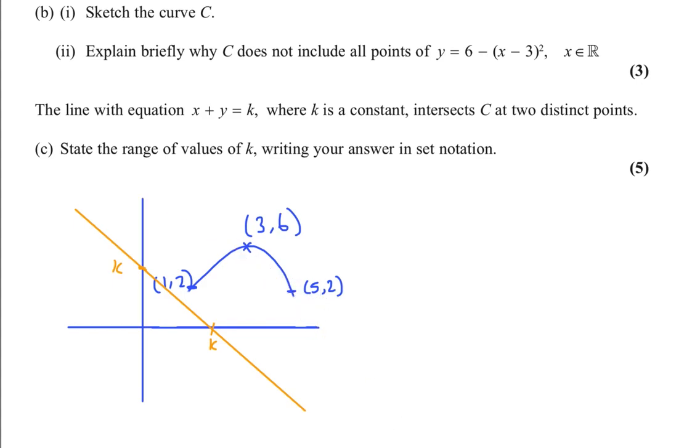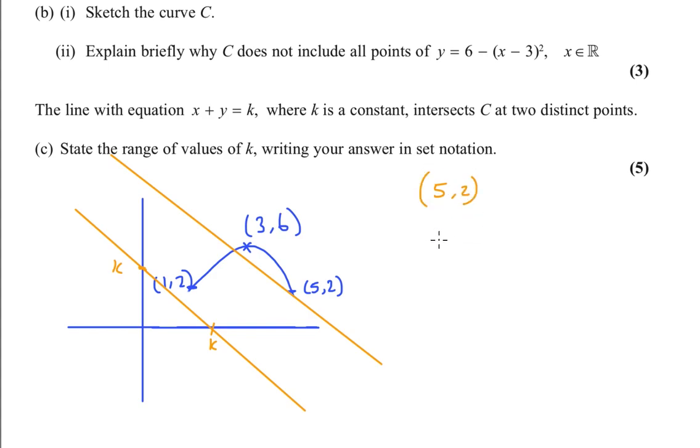And if you think about it, the first time that's going to happen is when it sneaks in at this 5, 2 point here. That's going to be the first time that the line hits the curve twice. So the smallest value of k needs to fit the equation or have the coordinate 5, 2.